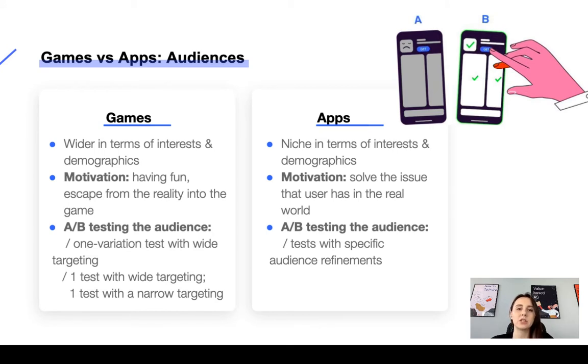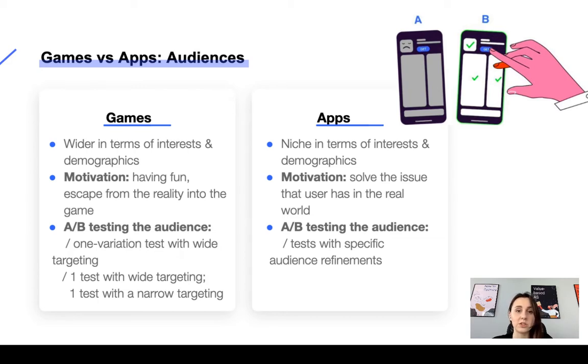Games, especially on the pre-launch, will normally run an A/B test for a wide audience, not specifying the age, gender, or interests, just to see what is happening on the page for behavioral stats.